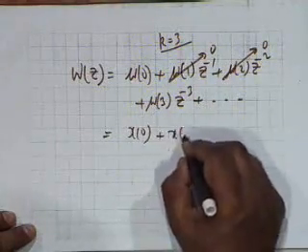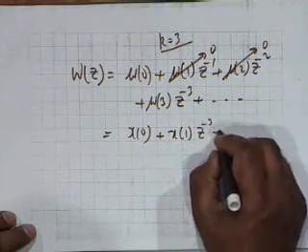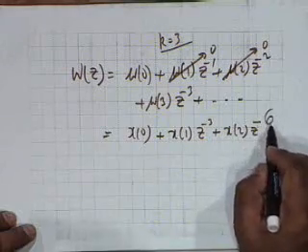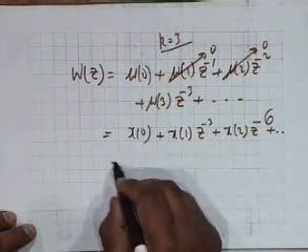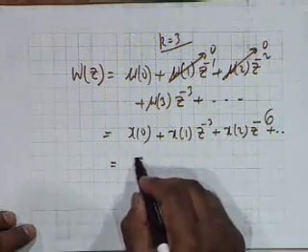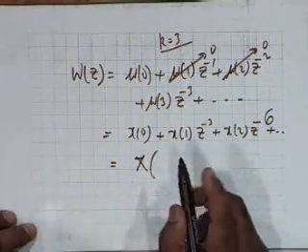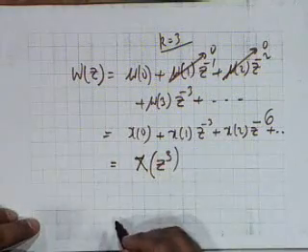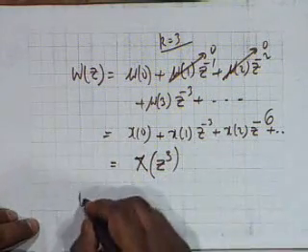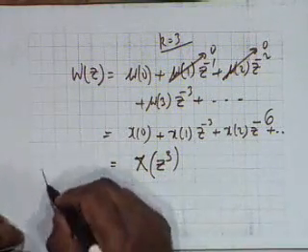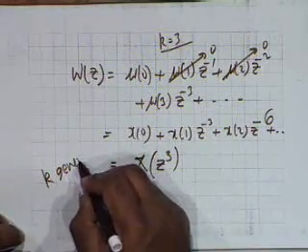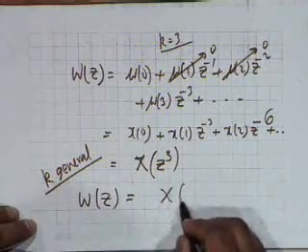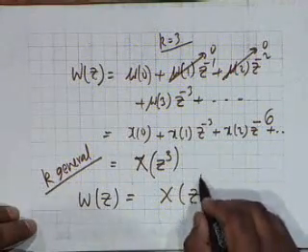So, the next term becomes x of 1, Z to the minus 3, the next term would be x of 2, Z to the minus 6, and so on, which simply means that this is capital X of not Z but Z cubed. And in general, it is not difficult to say that if k is a general quantity, then it would be simply X of Z to the power k.